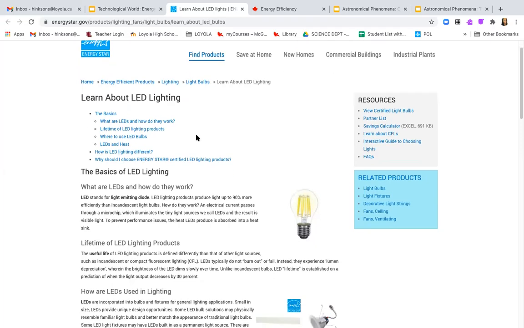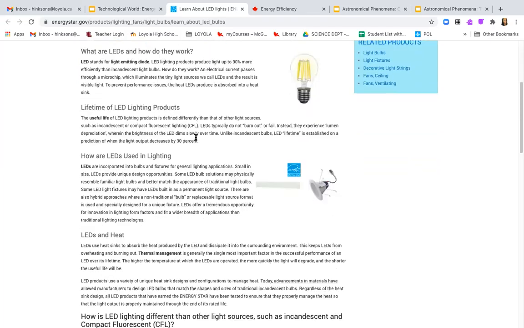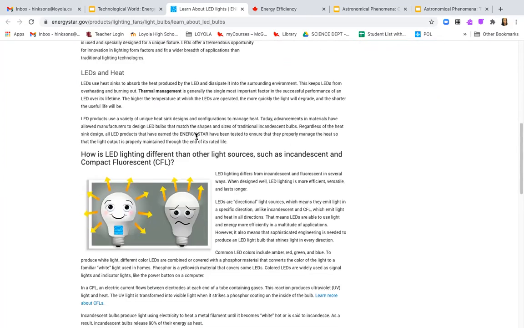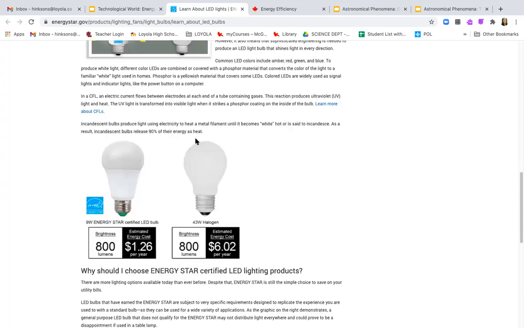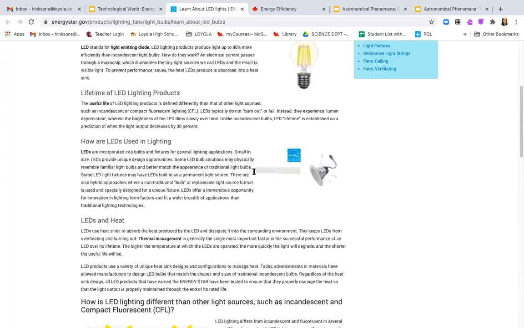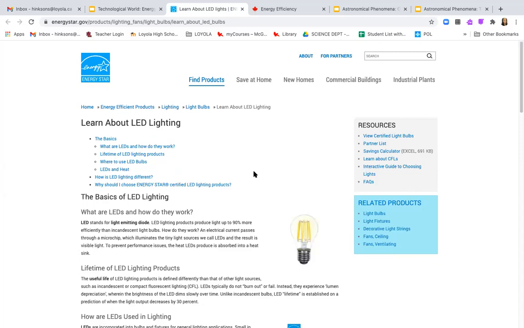It reduces energy consumption and it's just more efficient. It's better for the environment. It is cheaper. In the long run, it might cost more for one of these bulbs, but in the long run, you won't have to replace it that much. So it's an investment.